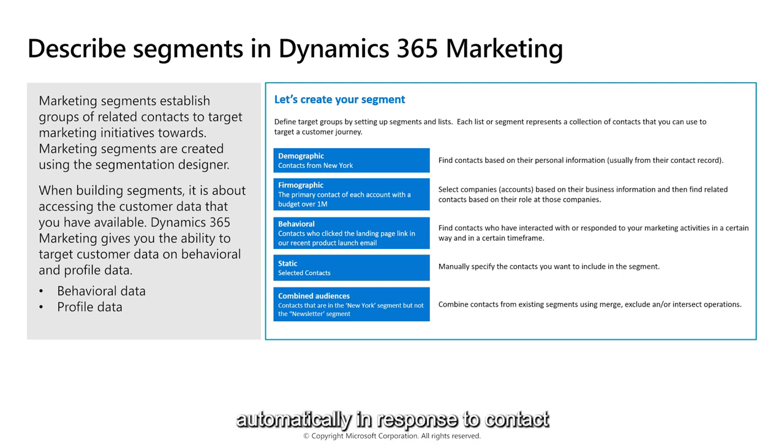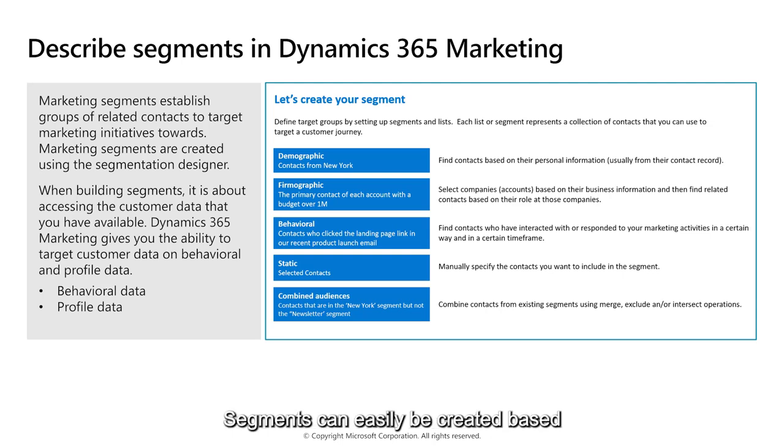Behavioral data is generated automatically in response to contact interactions, such as opening an email, clicking on an email link, submitting a form, or registering for an event. Whereas profile data is information that's captured and stored on the tables that we regularly work with, such as contacts, accounts, leads, and any other tables that we choose to sync with.